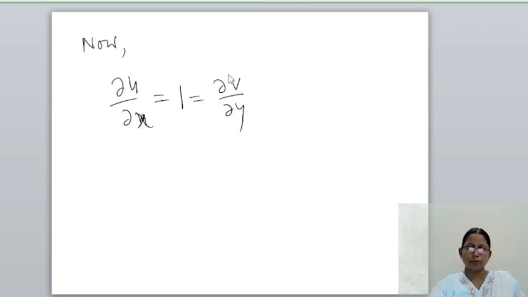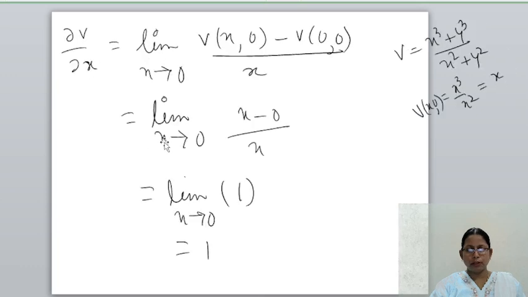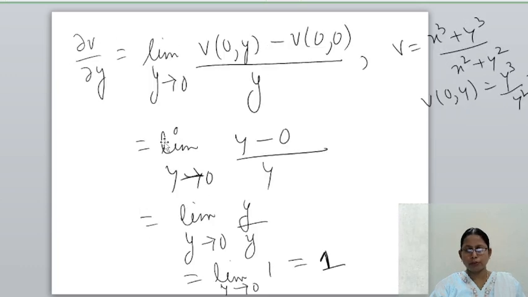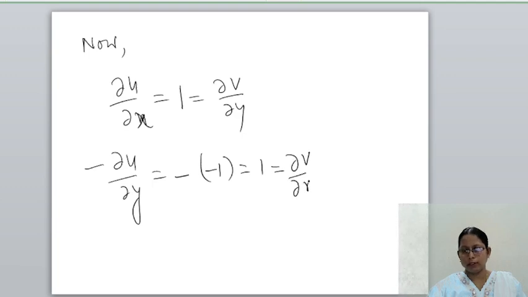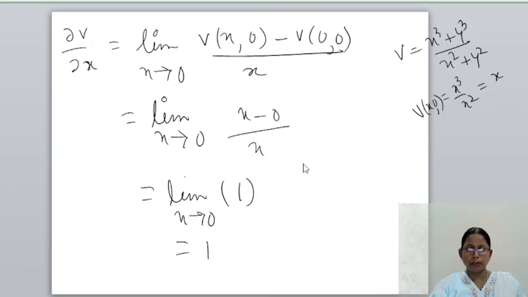Next, what is the value of minus del u by del y? Del u by del y is minus 1, and minus of minus 1 is plus 1, and it is equal to del v by del x. Check it: what is del v by del x? It is 1.